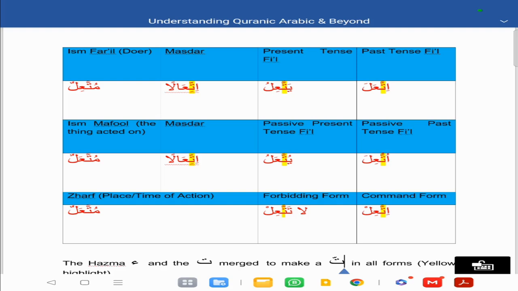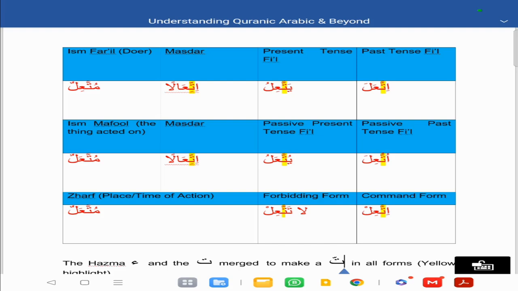And the command form is itta'il. So again, if we look at the present tense, yatta'ilu, we take the anta version, you masculine, so it becomes tatta'ilu. Then we make it lightest. The lam with the dhamma gets a sukoon, so it becomes tatta'il.